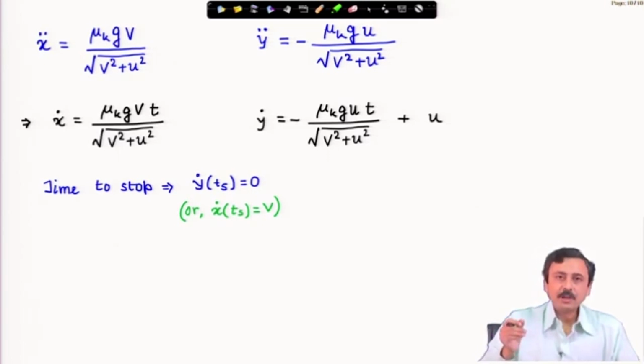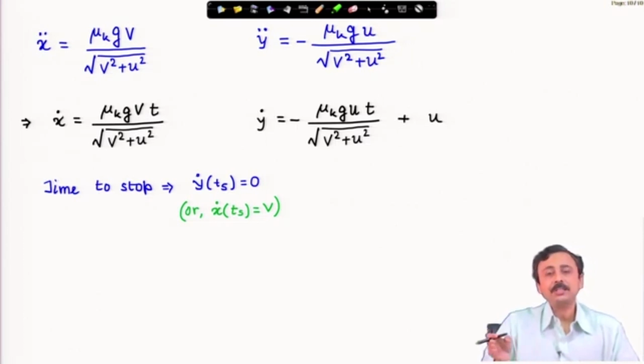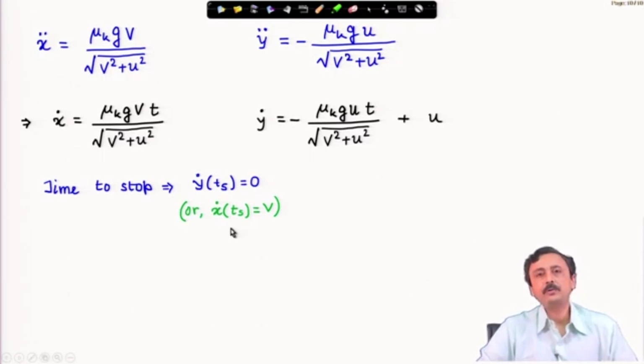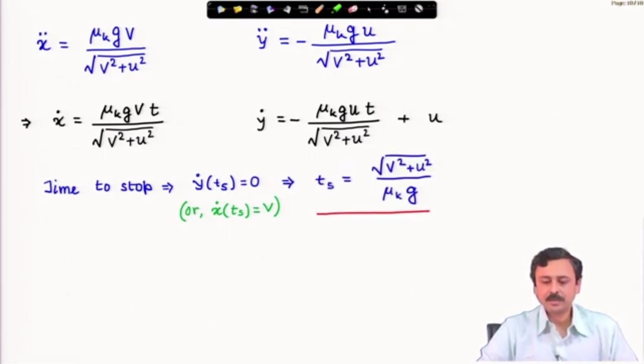When the y velocity is 0, or x velocity as seen by the observer on the ground, on the platform. Observer sees that the particle is now moving with the belt at the same speed as capital V. Therefore, you can use either of these two conditions to find out the time to stop, and that turns out to be square root of v square plus u square by mu k times g.